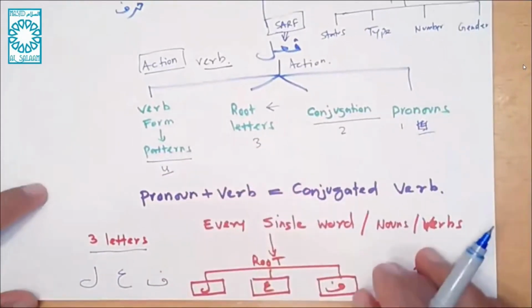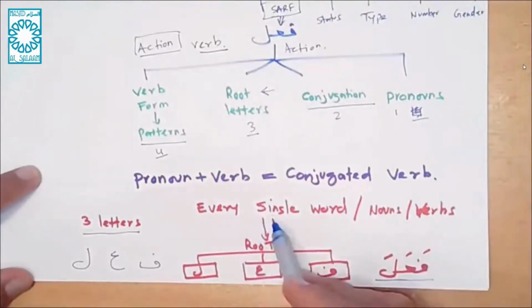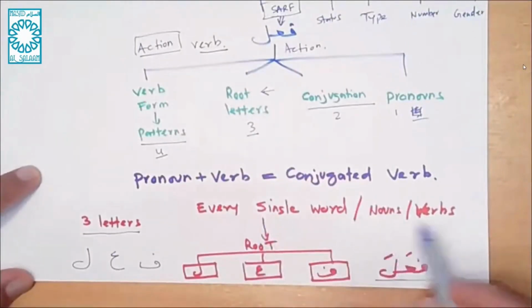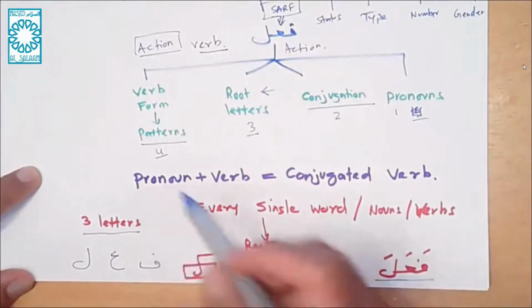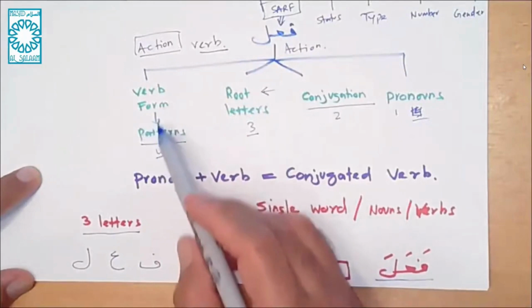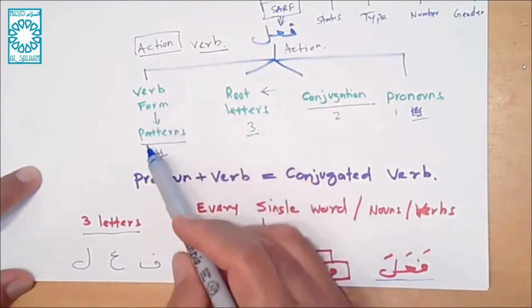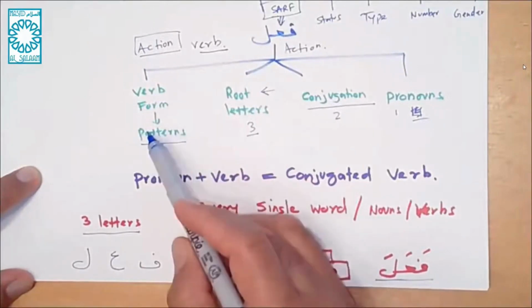So I told you that for number 3, every single word, whether it is a noun or a verb in the Arabic language, is composed of 3 letters. And to understand number 4, I said that verb forms are in the form of patterns.